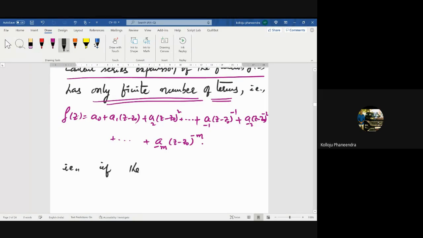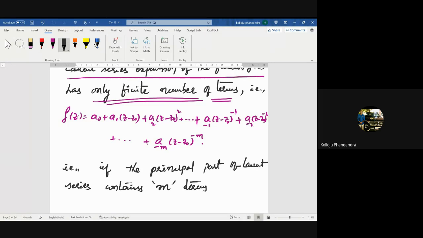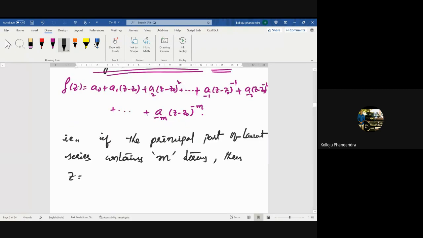Got it? Okay, now, if the principal part of the Laurent series contains m terms, only m terms, then z equal to z naught is called a pole of order m.